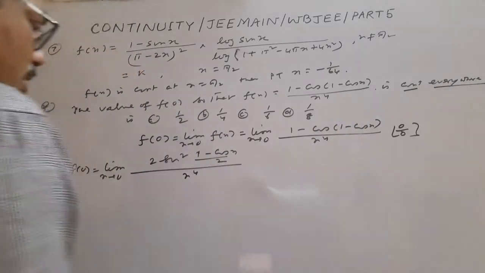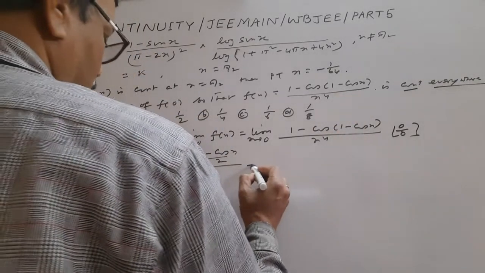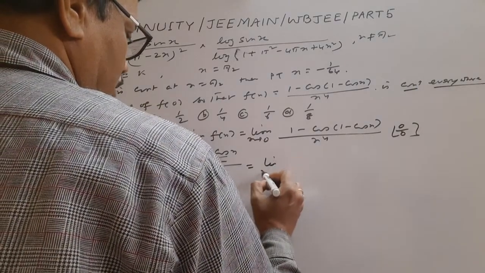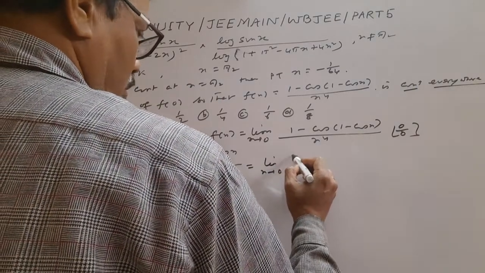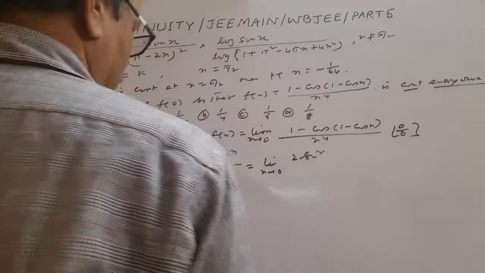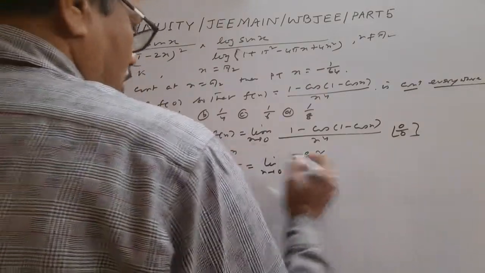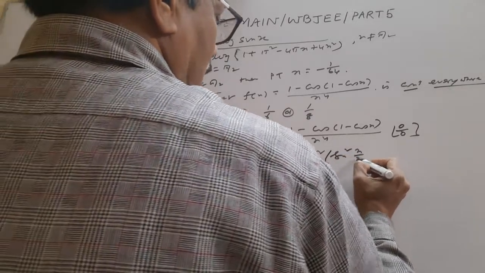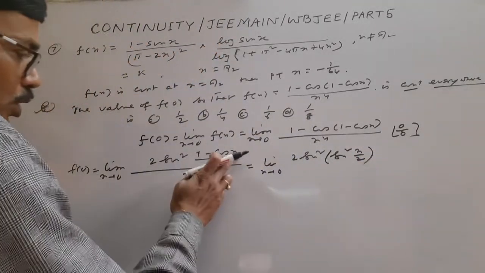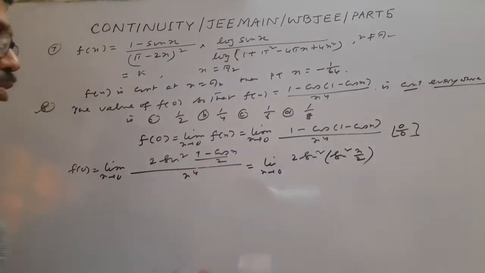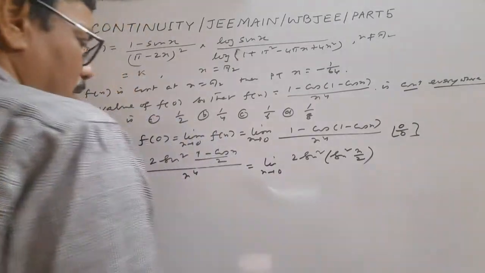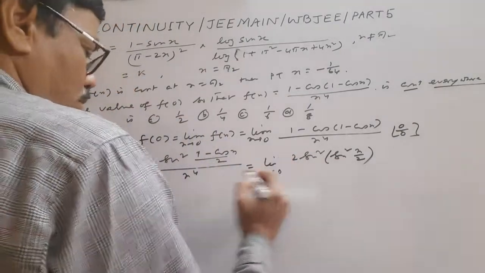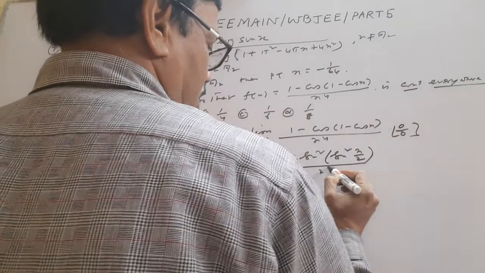If you simplify it, the 2 cancels with the 2, and this is x to the power 4.